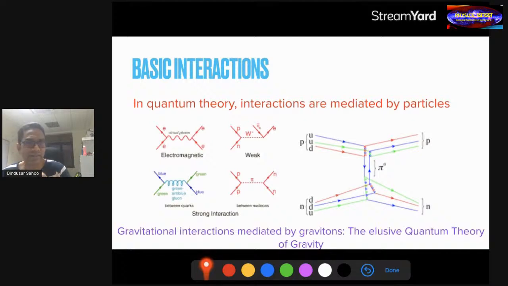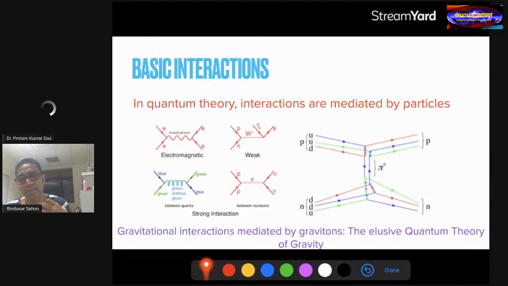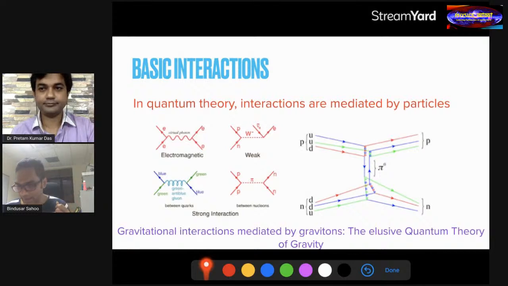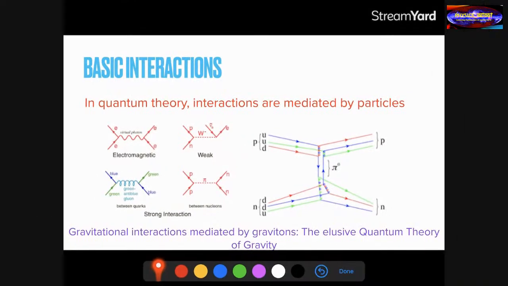This doesn't mean they're actually colored; it is just a term. Just like electrons have electric charge, quarks have a different kind of charge, called color. That is why they are colored here, but actually they are not. It is a different kind of charge, and that charge is responsible for strong interactions.